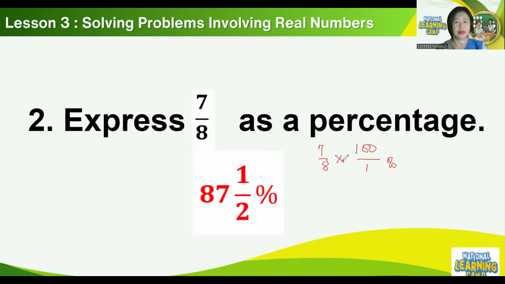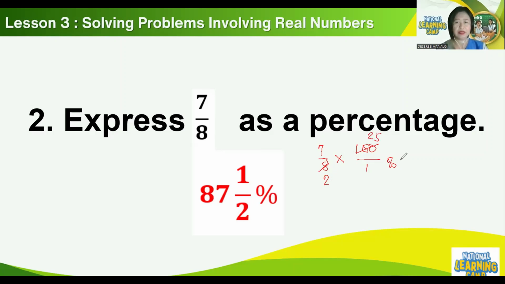We can cancel 8 and 100. Divide this by 4, since the GCF, or the greatest common factor, is 4. So this will be 2, and this one is 25.